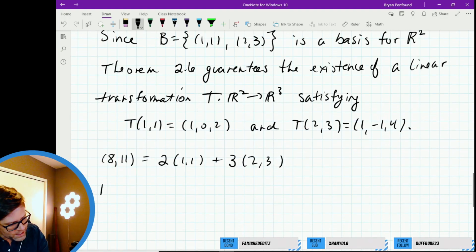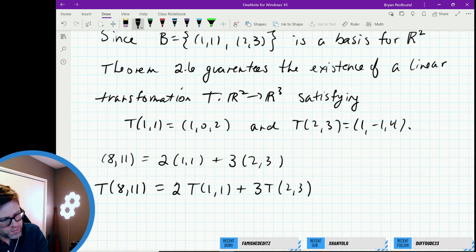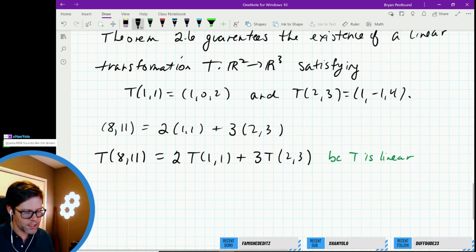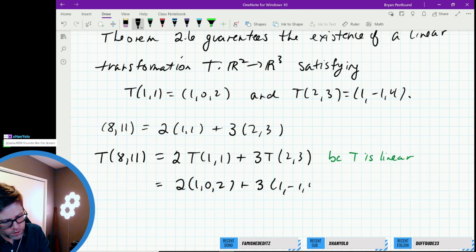So that means that T applied to (8,11), because T is a linear transformation, should be 2 copies of T(1,1) plus 3 copies of T(2,3). So, because T is linear, I can just apply T to my basis vectors. So we get 2 copies of (1,0,2) and 3 copies of (1,-1,4).